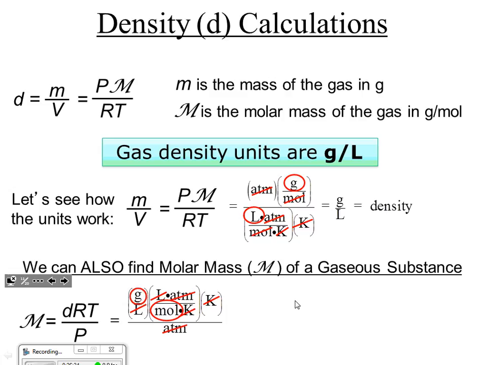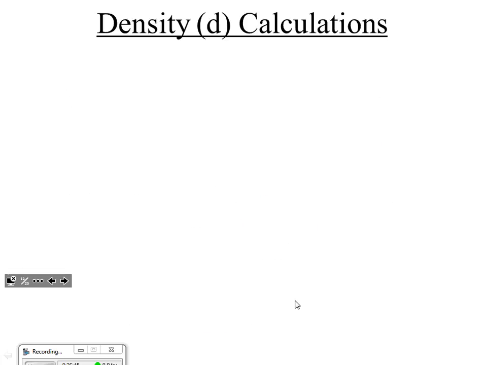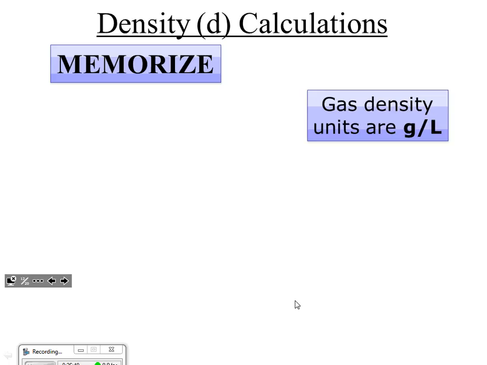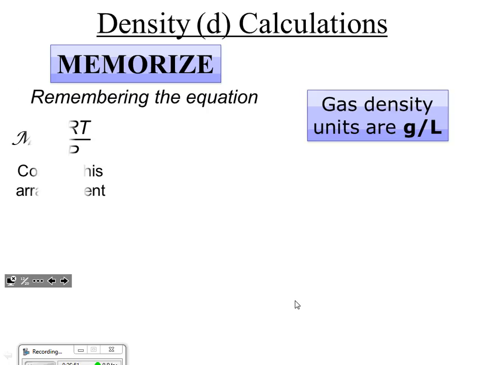Like I said, I'm just walking you through this. It's not important for you to know all of these inner workings here. What's important is that you know this here, folks. Memorize this equation. Now I'm going to show you how I memorize this equation.